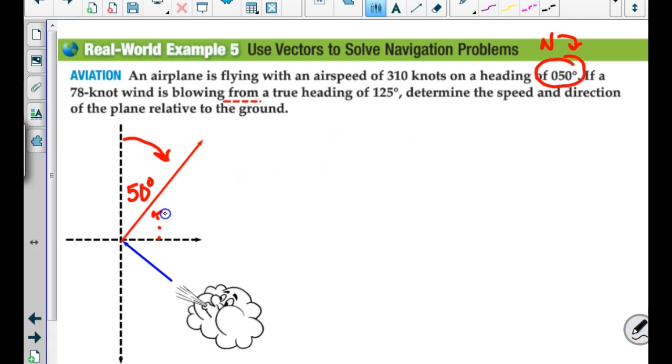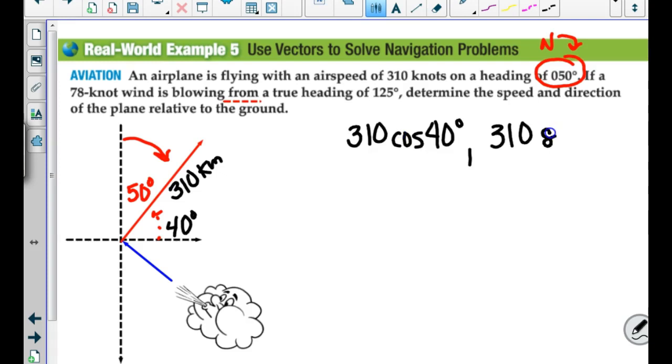So we have a 310 knot effort off of a 40-degree angle with the positive x-axis. So the components of the plane's vector are going to be like this. All right. Now the wind is more complicated because it says it's a 78 knot wind blowing from. This is going to mess us up if we're not careful.